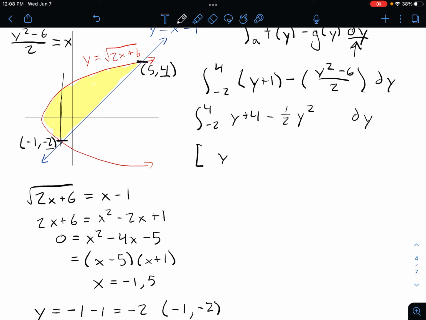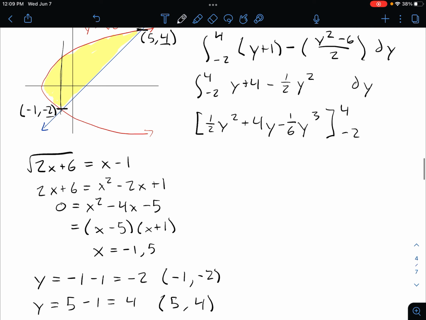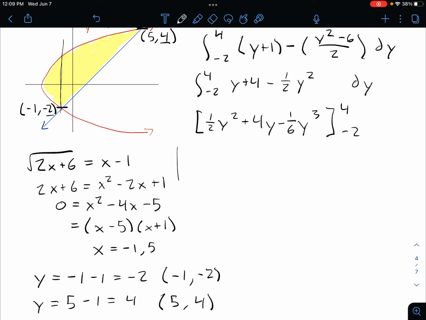So y squared, and then divide by 2, plus 4y. And this y becomes y cubed, and you're going to divide by 3 times 2, you get 6. Negative 2 to 4.